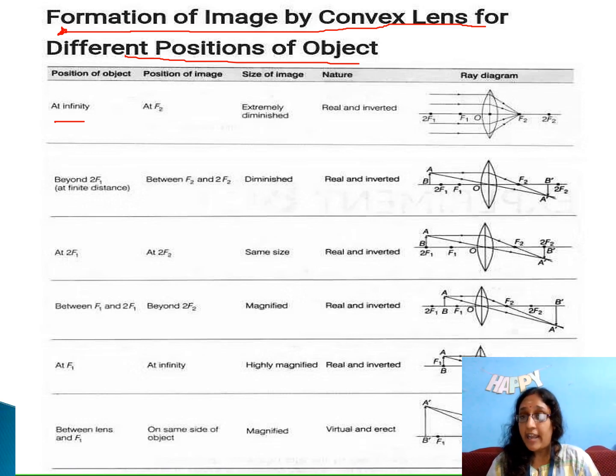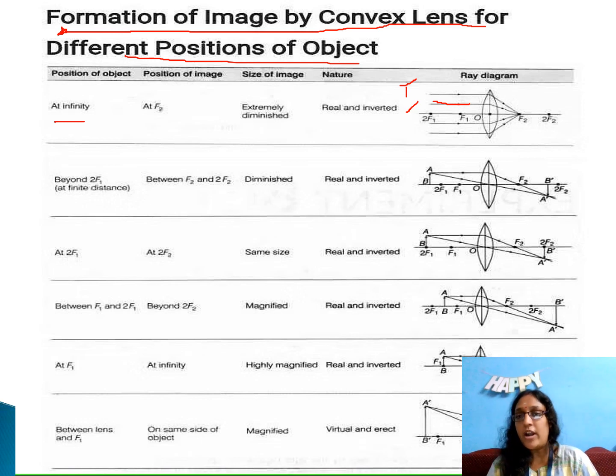So whenever a ray of light comes from infinity, can you see the ray diagram? It's the same phenomenon. Whenever a ray is parallel to your principal axis, after refraction it just passes through your focus. Can you see? All are passing through the focus. And whenever a ray passes straight through your optical center, it doesn't even change its path.